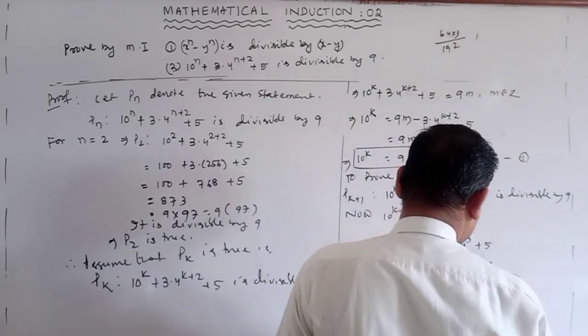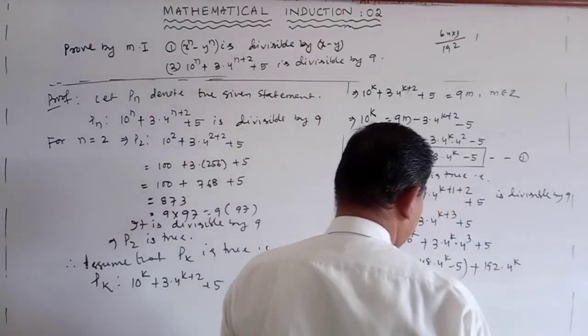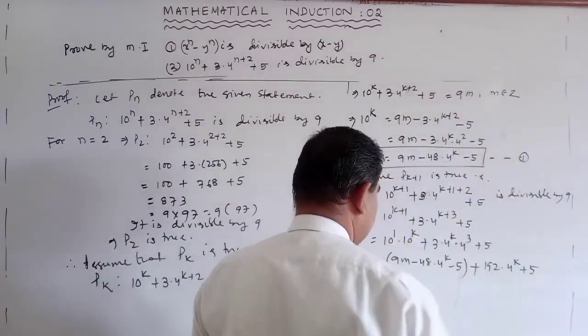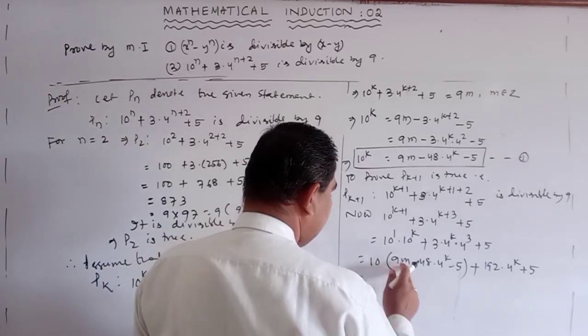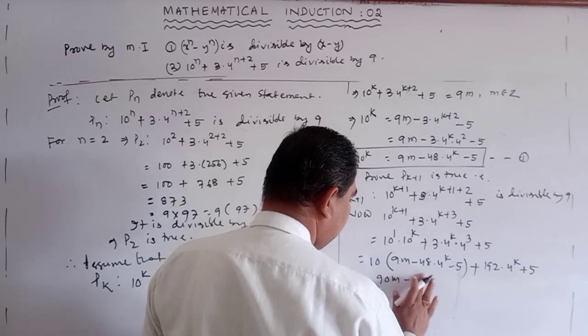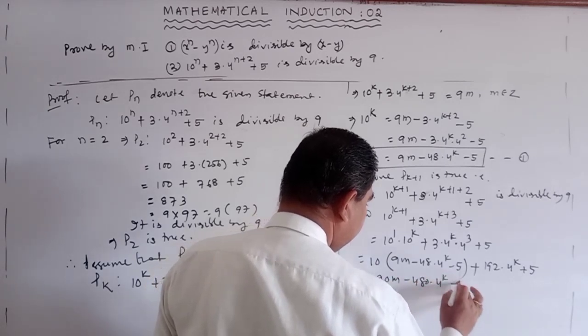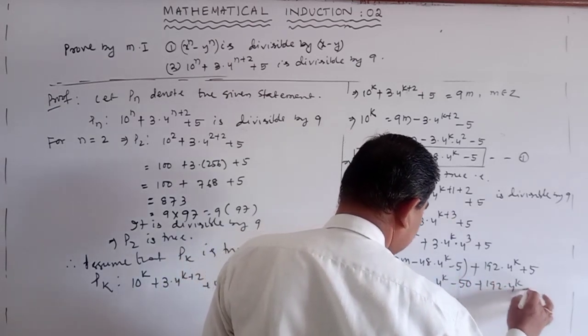So 192 into 4 to power k plus 5. So it is equal to 10 into 9m, 90m, minus 48 into 10, 480 into 4 to power k minus 50 plus 192 into 4 to power k plus 5.